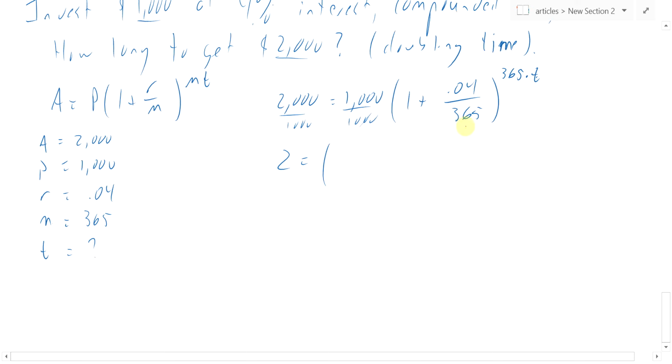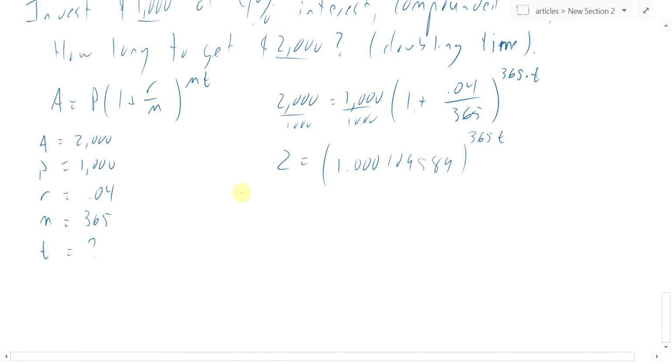And I'll multiply this thing out. 1 plus 0.04 over 365. It is some horrible number. 1.00010959. At least that's what Microsoft Excel tells me. To the 365t. Okay, and so now we need to be able to solve for t, which means getting the t out of there.